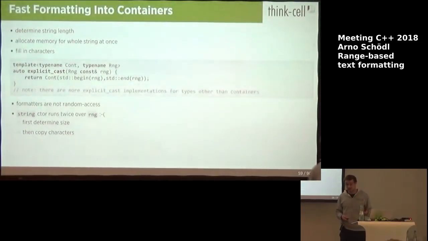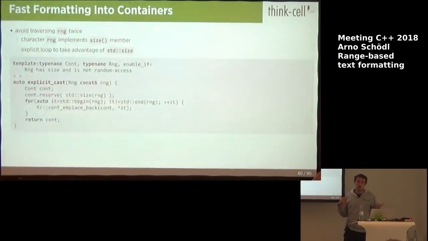In order to do better than that, we allow the formatter to expose its size. In practice, determining the size is not as costly as actually printing the strings. So you can make a quick and dirty determination, and actually the format library does it the same way. They do a quick determination of how long it's going to be, and then when you actually do the formatting, it'll calculate the actual digits.